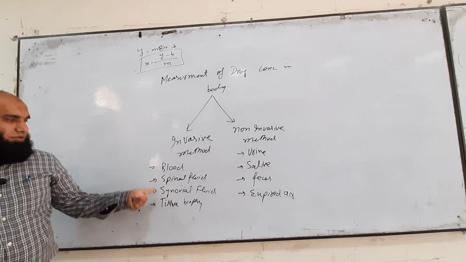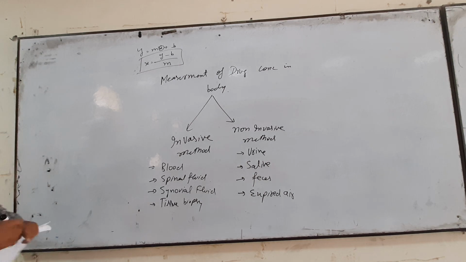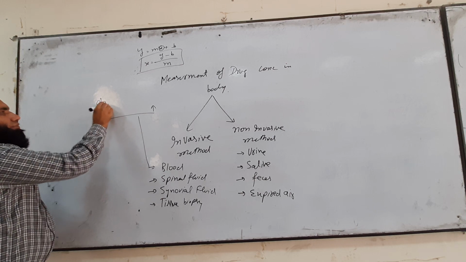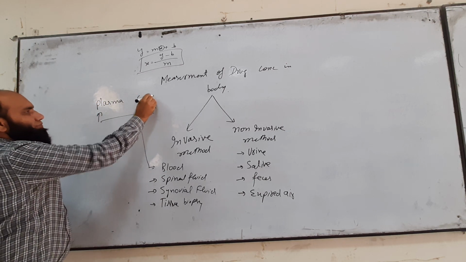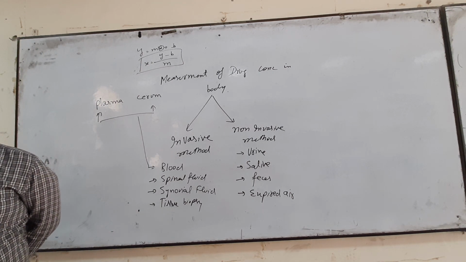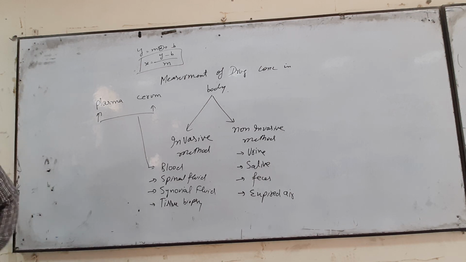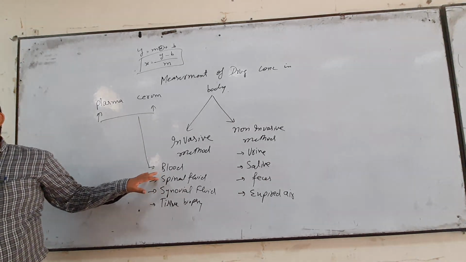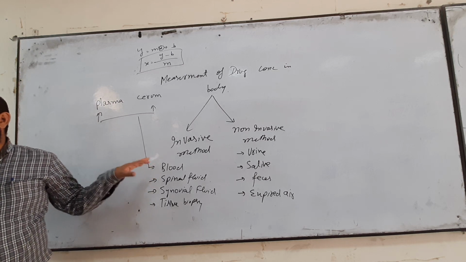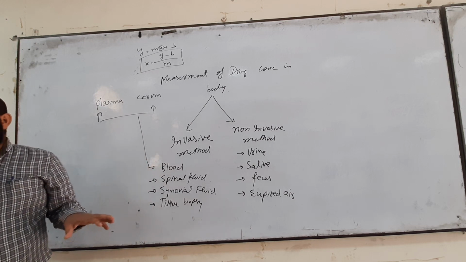Blood can be used in three different ways: blood itself, and also we can use plasma and serum. There is a difference between plasma and serum. First, when we discuss blood, it has each and every material: blood cells, plasma, proteins, water, all the composition existing in the blood.